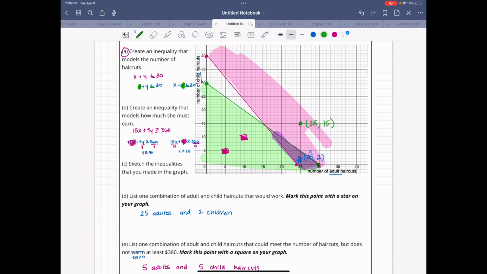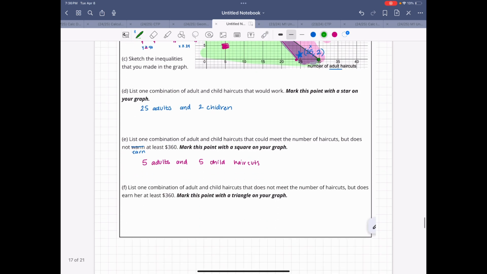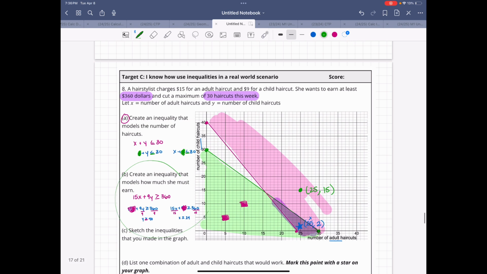So what we're saying here is that she can cut 25 adult haircuts and 15 children haircuts, and yes, certainly earn more than $360 there, but she doesn't have enough time in her week to cut 40 haircuts. So it meets this model, but it does not meet this model.